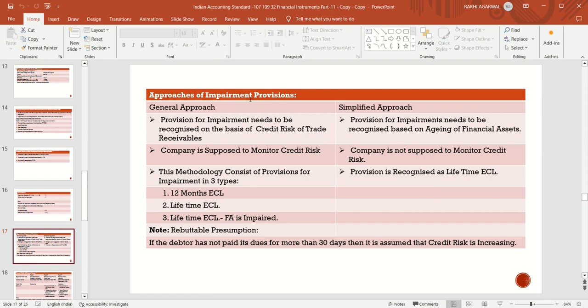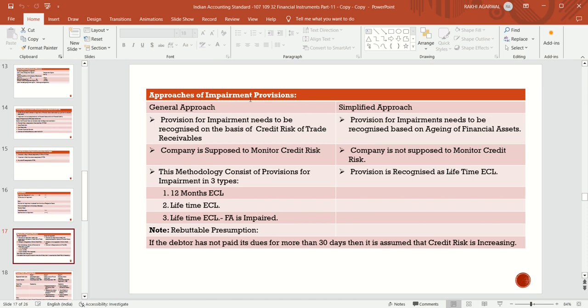In the general approach, provision for impairment needs to be recognized on the basis of credit risk of the trade receivable. The company is supposed to monitor the credit risk. How much credit risk is there? The company is required to monitor that.